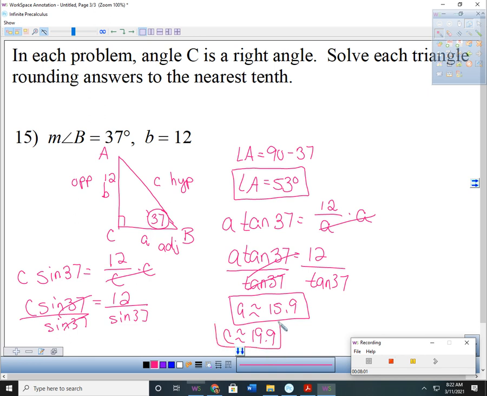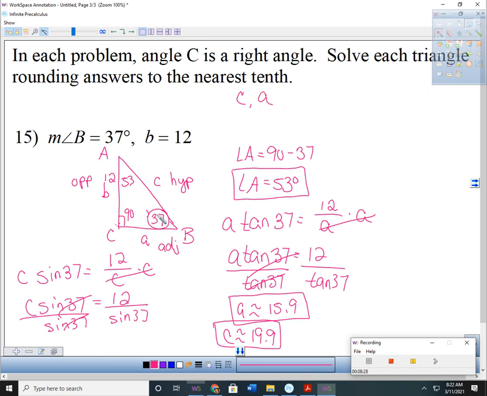Another good way to check to see if maybe you're way off is you know that A is 53, right? B is 37 and C is 90, correct? So the longest side will be across from the largest angle. So C should be the biggest, followed by A, which should be the next biggest.